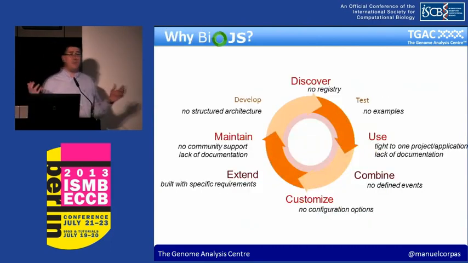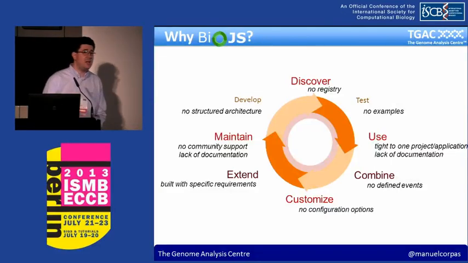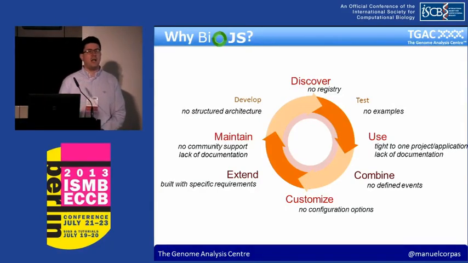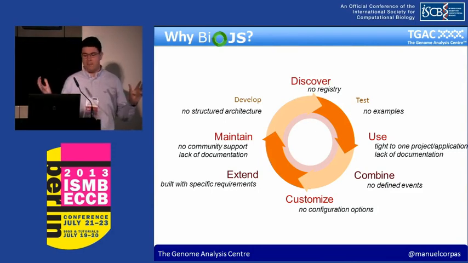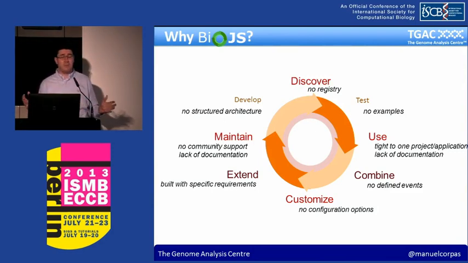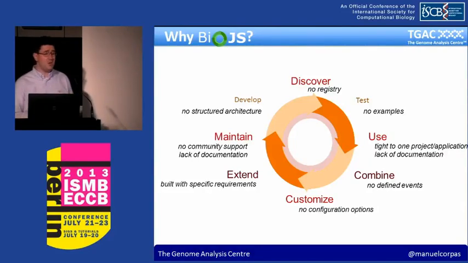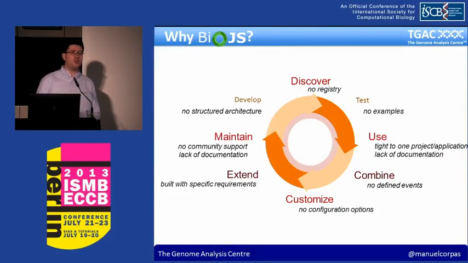So that at the end of the day, I avoid the nightmare of whenever I want to discover something, having to crawl the whole of the internet. Whenever I want to see whether something actually works, I can test it with some particular example. I also want the possibility that whenever I use something, I'm not constrained by very specific and focused configurations.